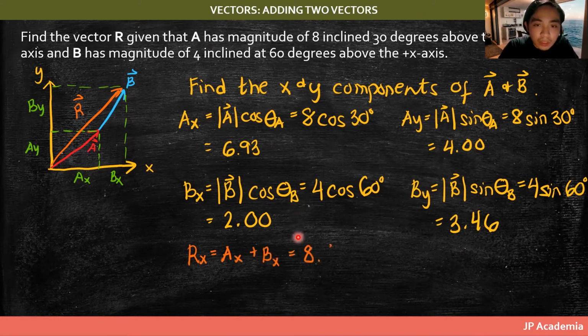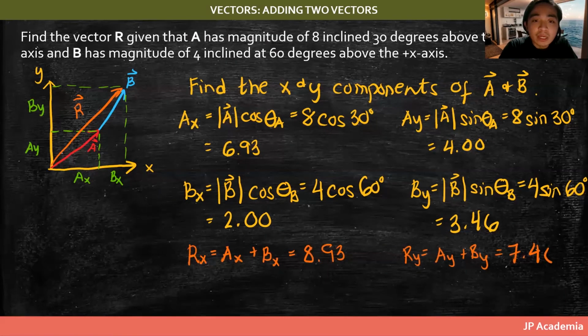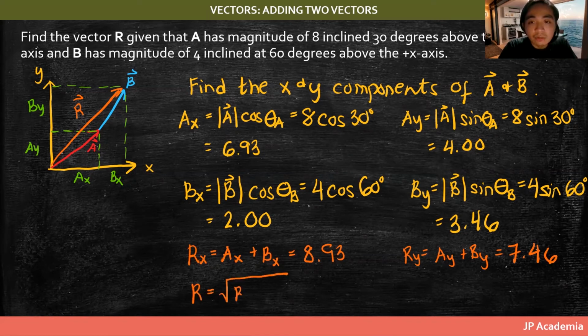So, for r sub x, ito yung x component ni resultant vector. We have 8.93 na magnitude. Then, for r sub y, so ito yung vertical or y component ng resultant vector, we have 7.46.